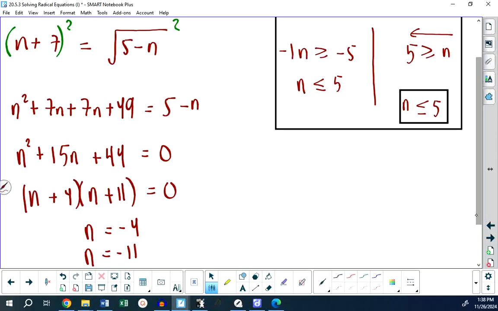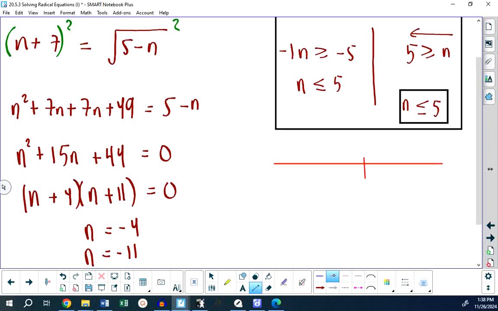Now, are these two solutions less than or equal to 5? Well, on a number line, I hope you can answer that question without invoking a number line, but here's n less than or equal to 5. Is -4 in that domain? Yes.